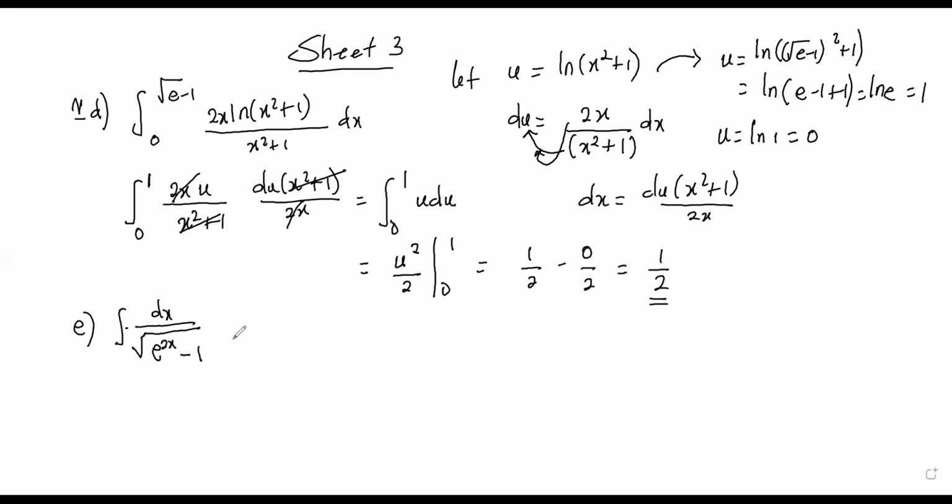So now look at this. e to x minus 1 in the root and then the x up there. Not so clear whether we can use u substitution. If we can use, then what is going to be our u? Is this a radical integral, or maybe it's just a normal exponential integral? So many questions to answer.